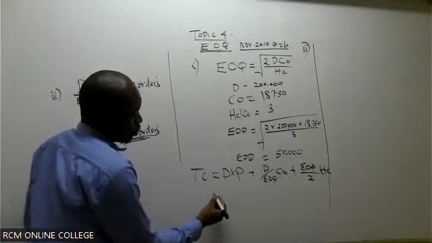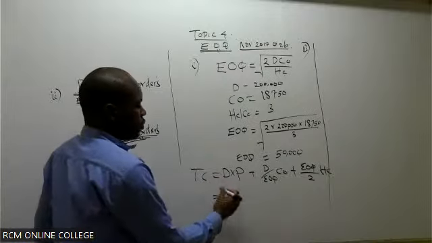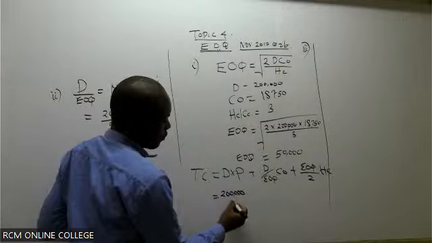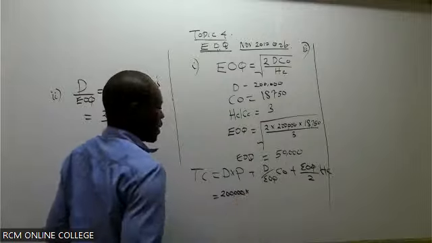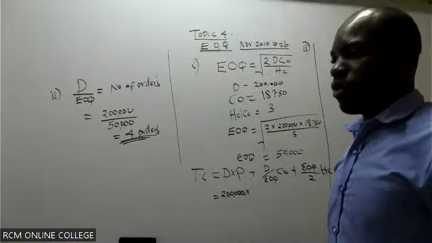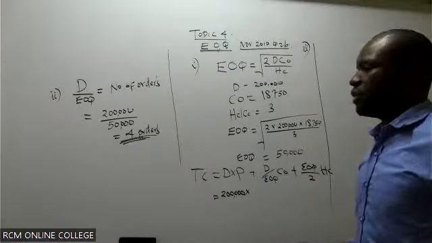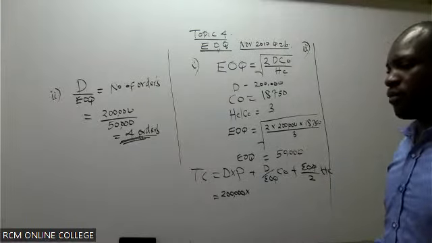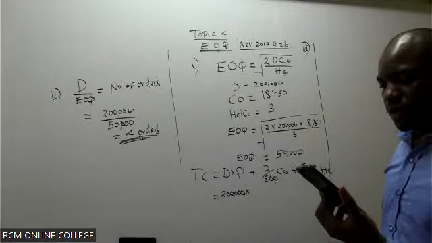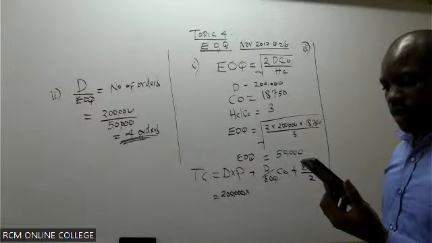So total cost will be equivalent to demand, which is 200,000, multiplied by purchase price. Within our question, do we have purchase price? Are we given purchase price?